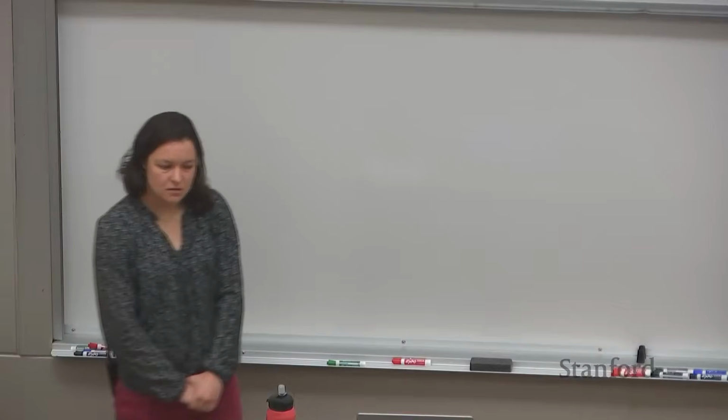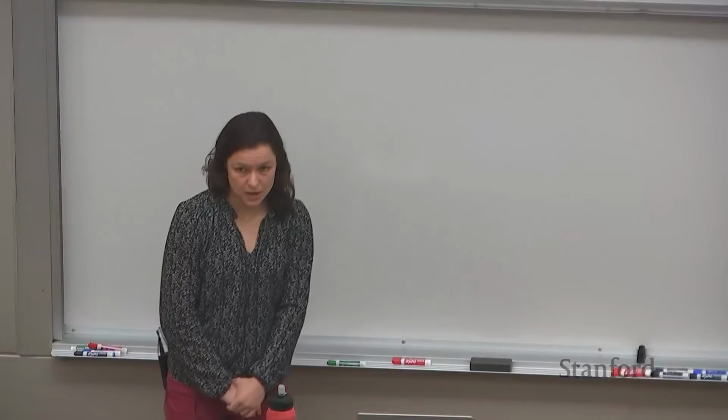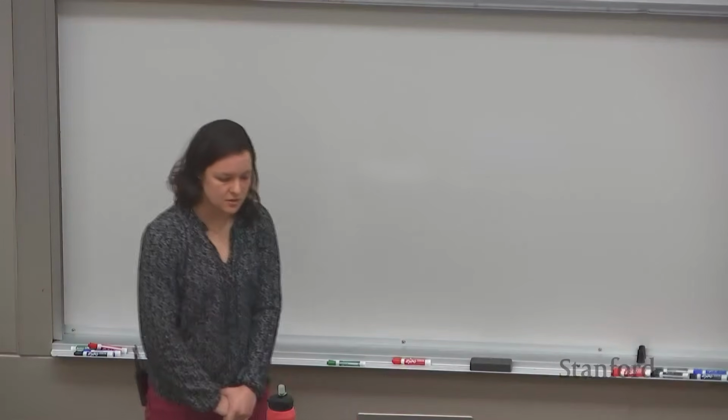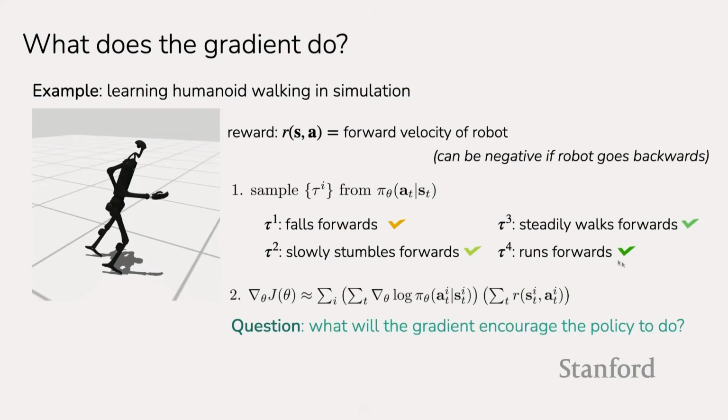So all of the rewards in these cases will all be positive. And I think what a lot of people are getting at is that the reward of this last one will be the highest, and so it will be encouraged to do this. But because 1, 2, and 3 also have positive rewards, the policy is still going to be encouraged to do those things.